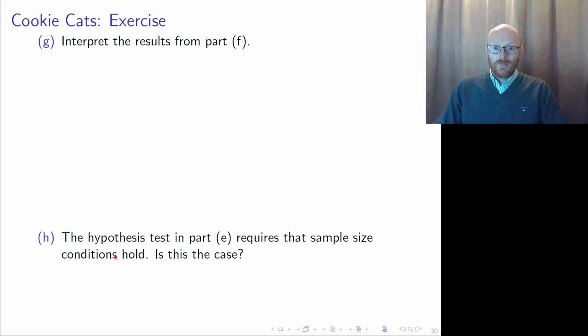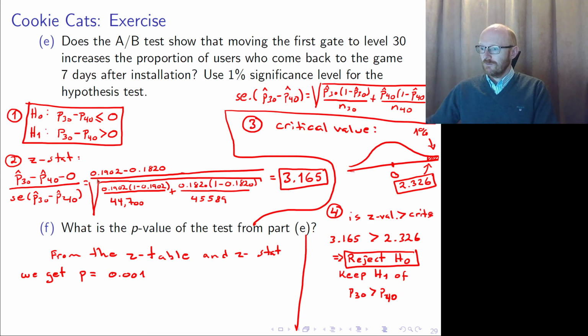so how can we interpret the results from part F? Okay, well, if we look at part F, what is the p-value of the test from part E, then the probability of getting a Z statistic which is greater than 3.165 or more is 0.1%.